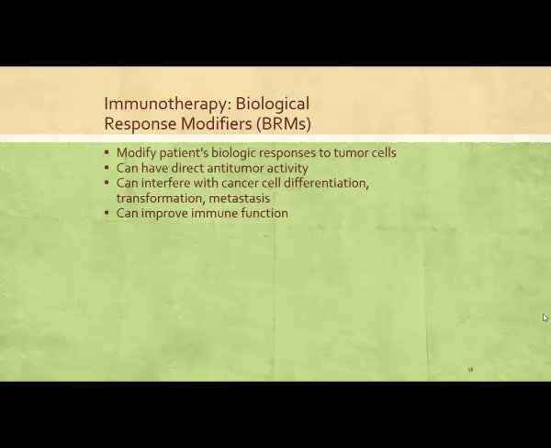Interleukins help differentiate the immune system cells, recognition and destruction of non-self cells. The interleukins help charge up the immune system to enhance their action. And interferons are utilized to help slow tumor cell division. So interferons stimulate growth and maturation of natural killer cells. They also try to help inhibit expression of oncogenes.